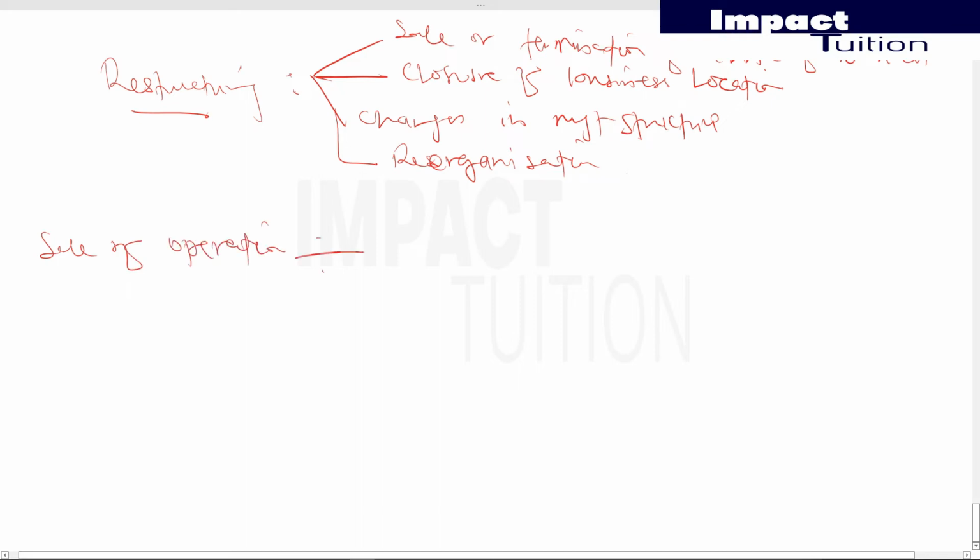So after we've reached a sale agreement, then we can decide on our possible liability and then we make an estimate for it. If there hasn't been any sale agreement, we can't provide for the sale of the operation. Are we clear? So make provision only after a binding sale agreement.